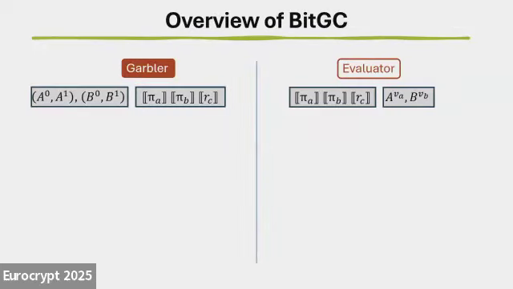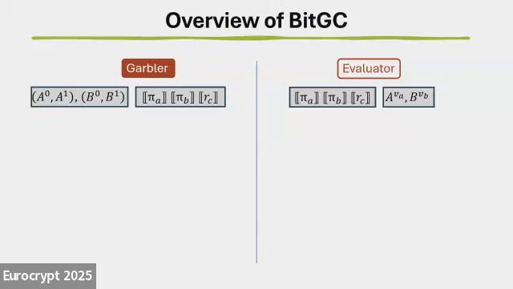If we take a closer look at how the garbler and evaluator compute a single gate: at the beginning, the garbler has 2 labels for each input wire, but the evaluator has only 1 label for each input wire, corresponding to the input bit.